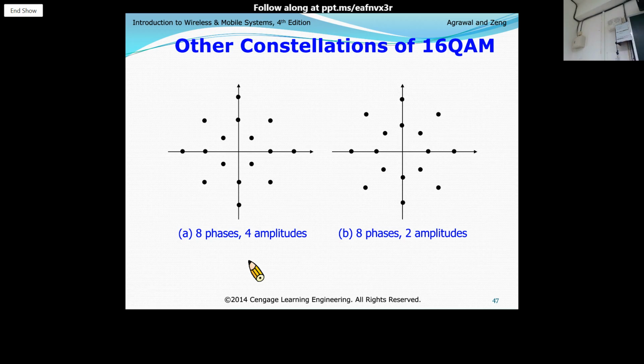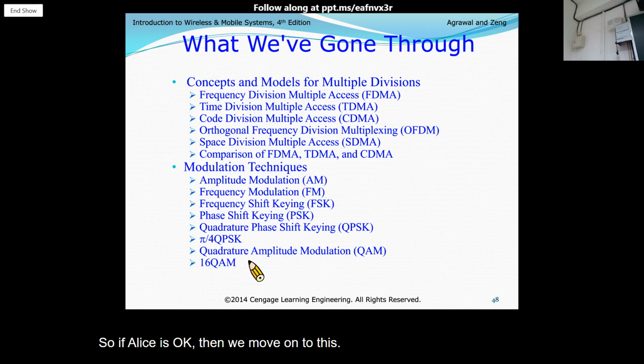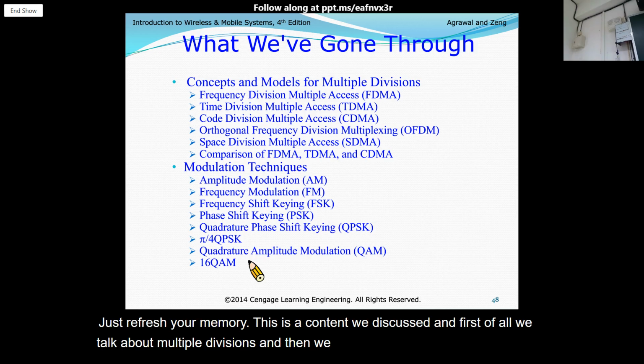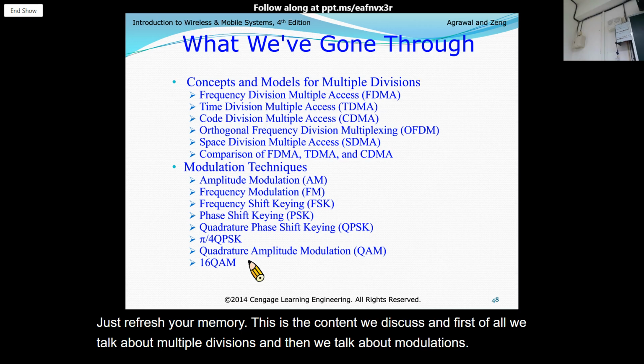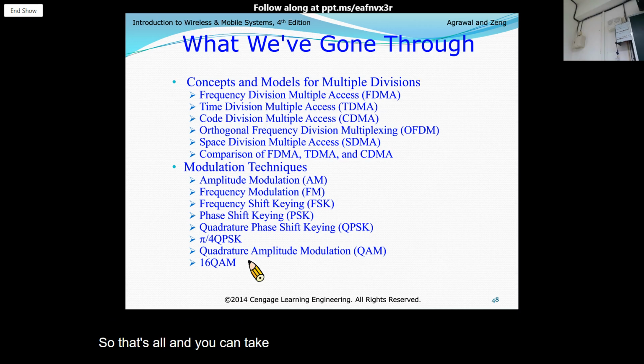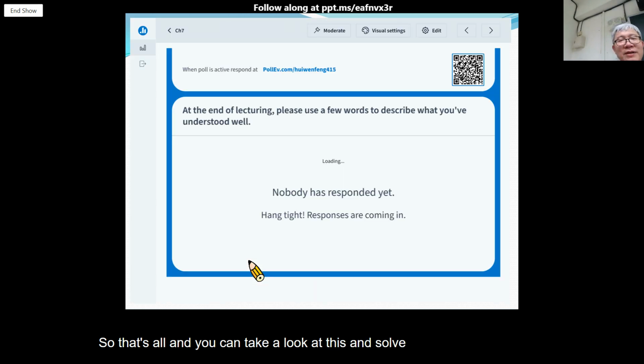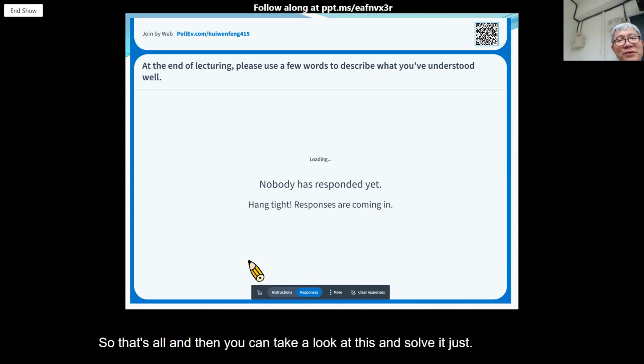So if everything's okay, let me move on to these. Just refresh your memory. This is the content we discussed. First of all, we talk about multiple divisions, and then we talk about modulations. So that's all. You can take a look at these, just a memory refresh for you.